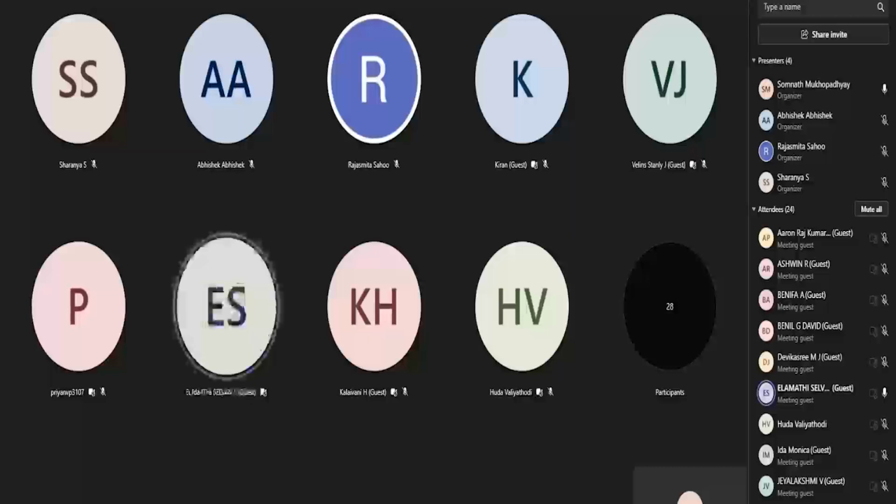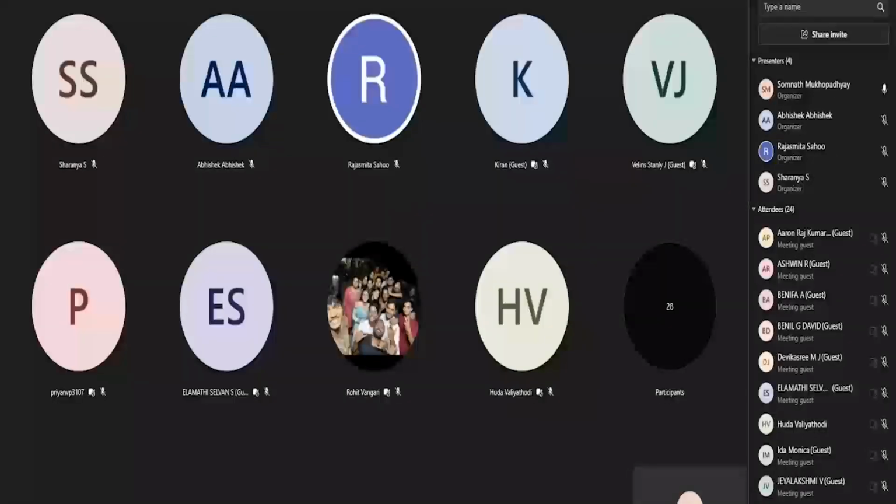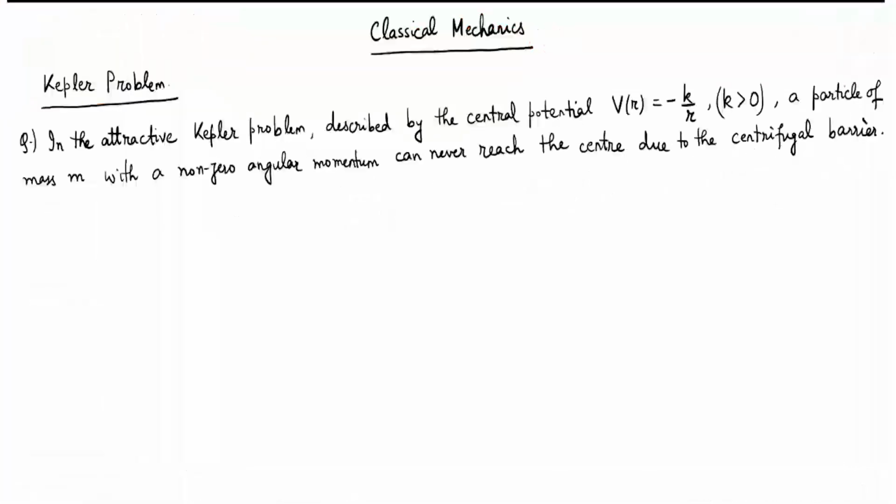L into L plus 1 by... So what is it directly proportional to, r to the power what? The centrifugal potential. Minus 2. Okay. So it is r to the power minus 2.